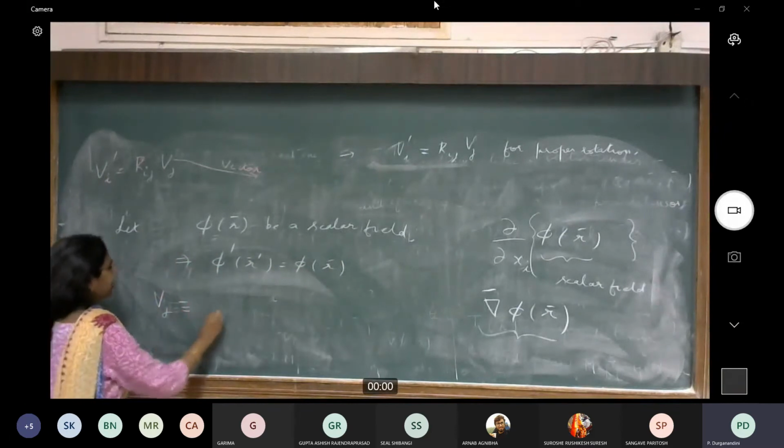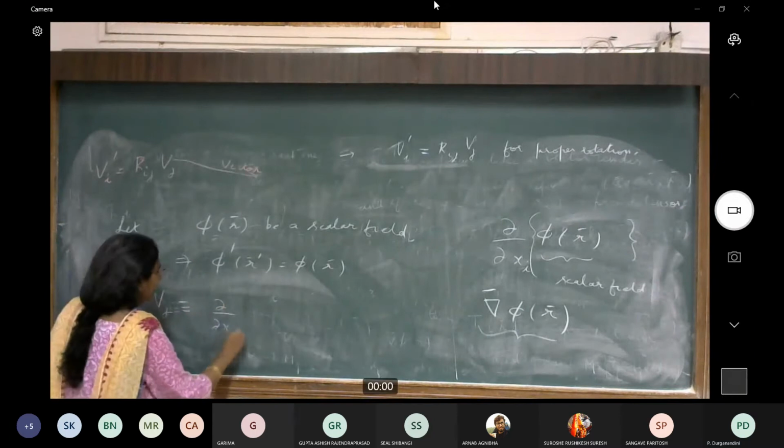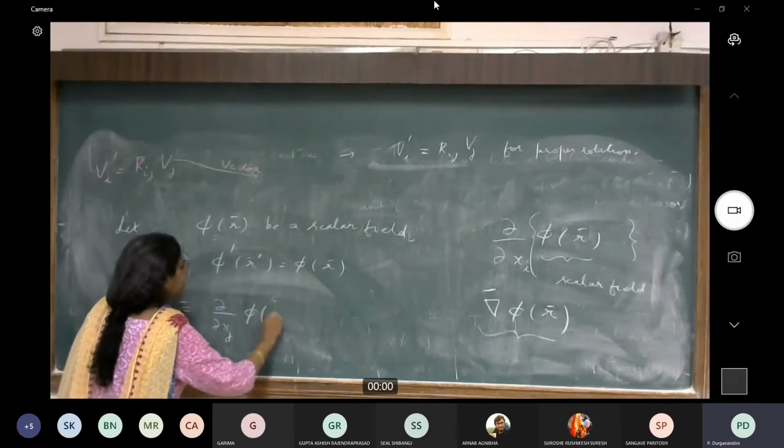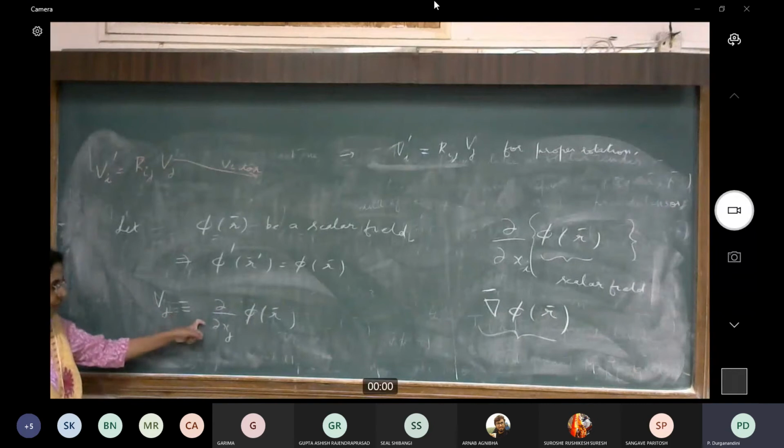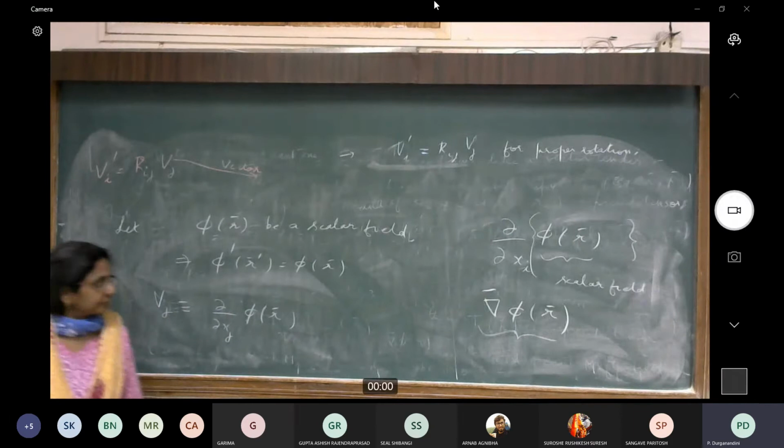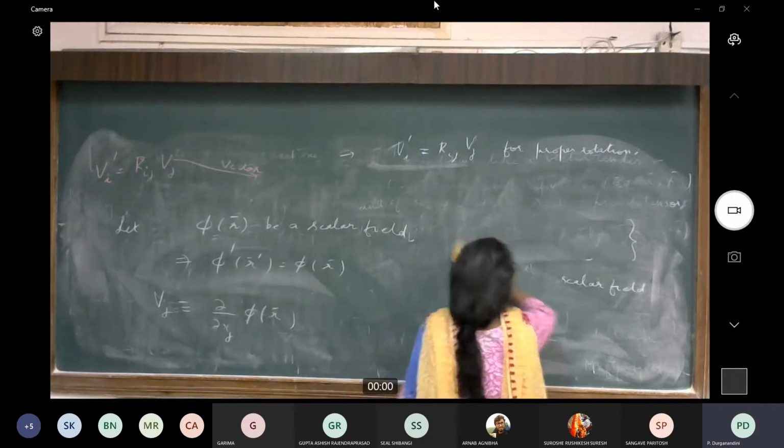V j by definition is del by del x j of phi of R. Now my claim is that this object will transform like a tensor of rank one, or a tensor field of rank one. So let's find out the transformation properties.